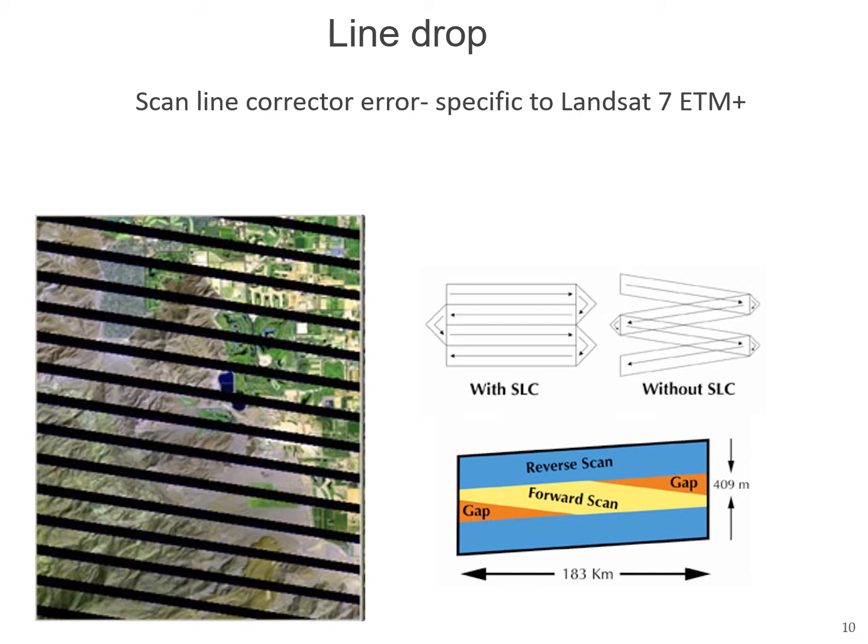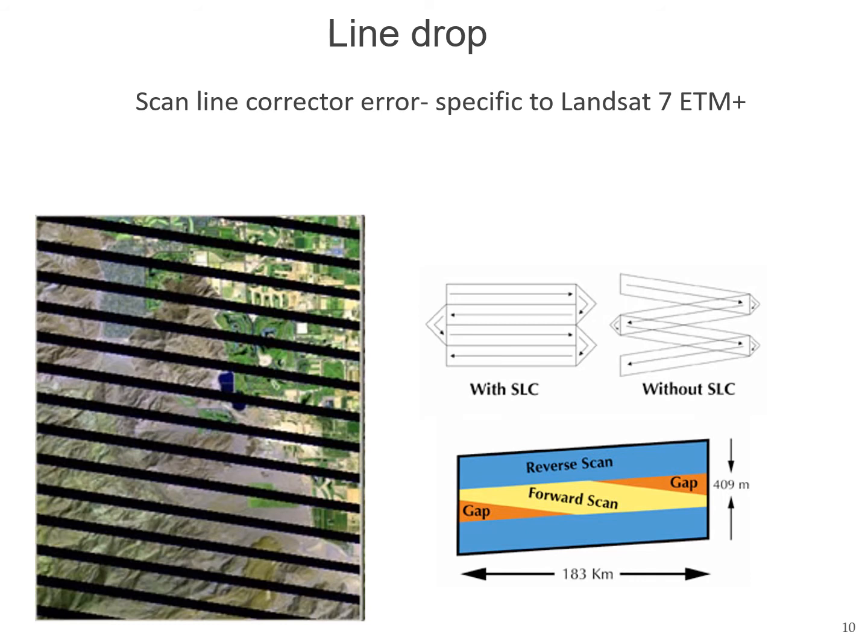If you look at the images to the top right, with and without SLC, as the satellite is moving forward, you're scanning left to right, but during that time the satellite is moving forward. And so you wind up with the pattern labeled without SLC.